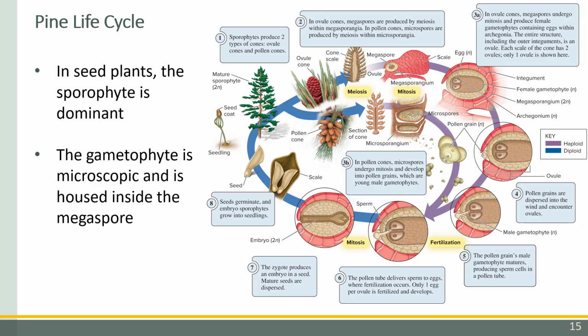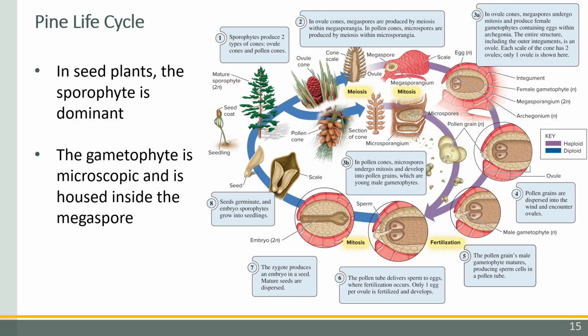Basically, that megaspore is going to become the seed in our seed plants. The general process of the pine life cycle is the same as we've seen in moss, the same as we've seen in ferns, but we are continuing our 2 trends. One is that the sporophyte is getting bigger, and the second is that the gametophyte is getting smaller.